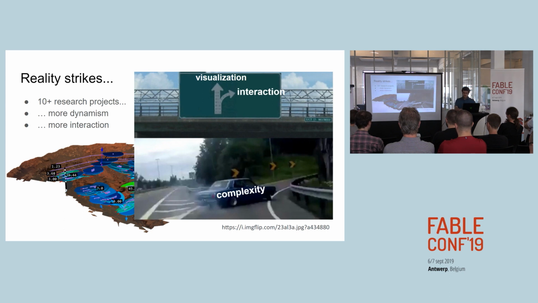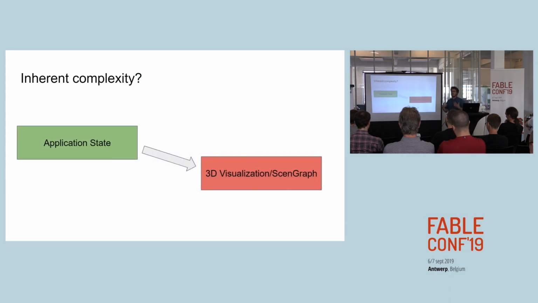So the question here is, where does this complexity come from if we do 3D graphics applications with a lot of interaction? What we basically have is an application state, and we map this to the scene graph, which then ends up with the visualization. If something in the application state changes, we get the visualization updated because of this incremental system, which was introduced before.